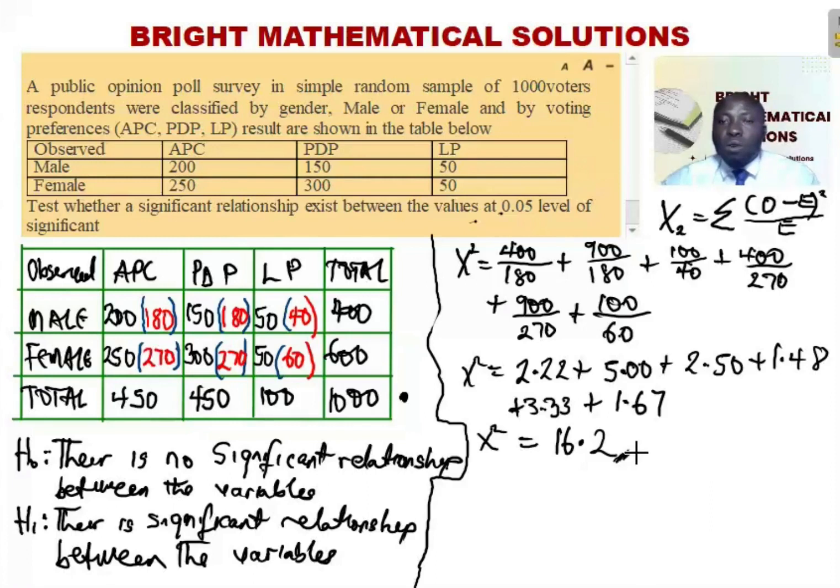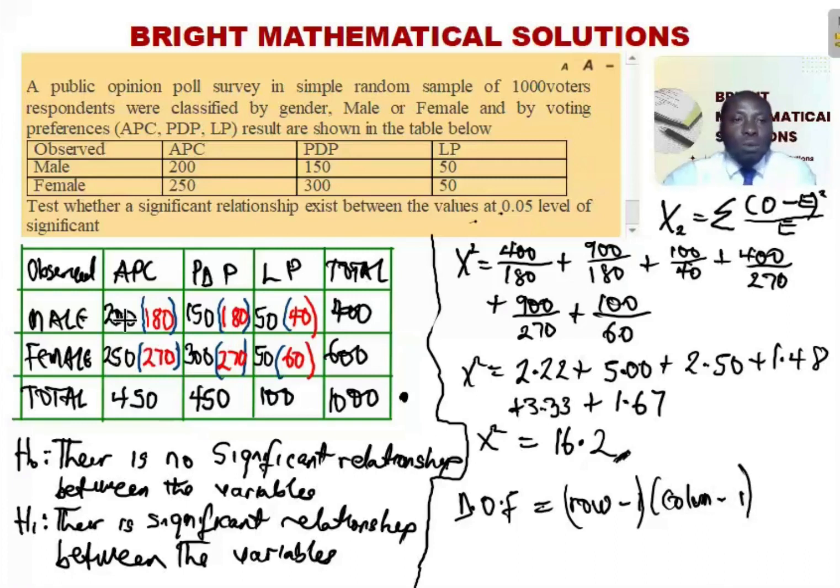The next thing for us to do is to look for the degree of freedom so that we can compare what we have, the calculated and the tabulated. Now, the degree of freedom is calculated as row minus 1 and the column minus 1. So let us go back to our table.